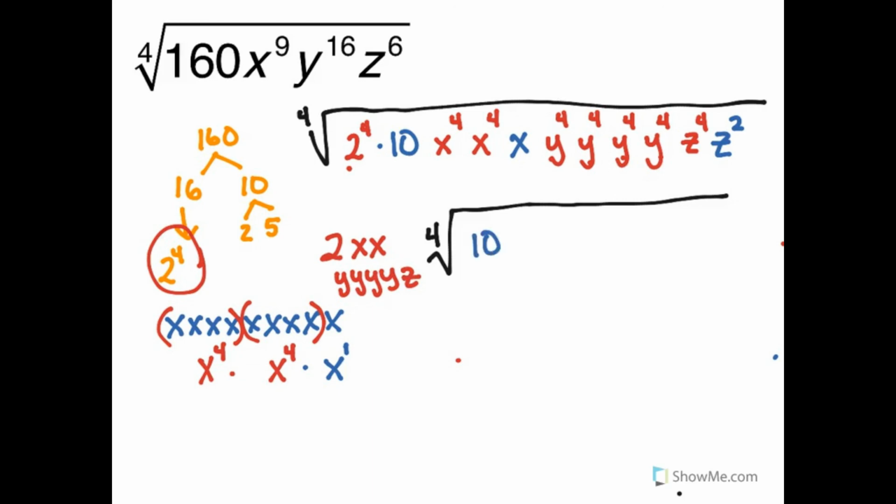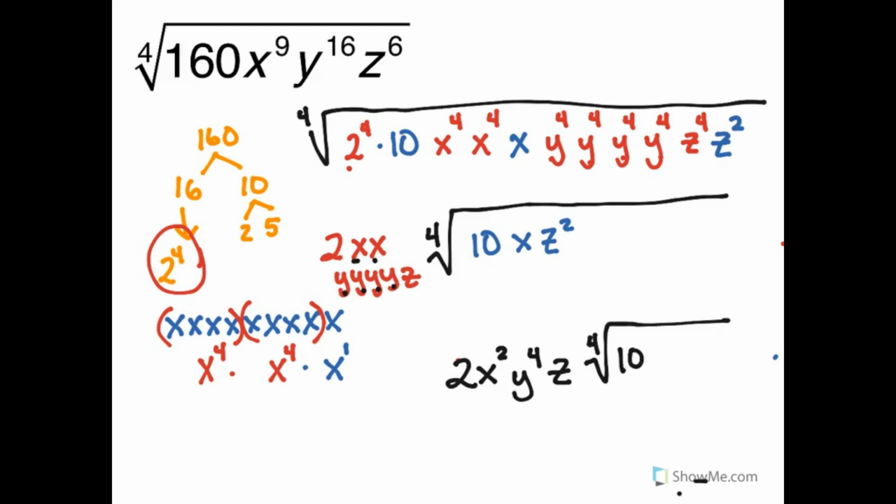Inside is 10 x and z squared. So let's write that out nicely. 2 is multiplied by x squared, that's these 2 x's, and by y to the 4th, and by z. Inside the 4th root, 10x z squared.